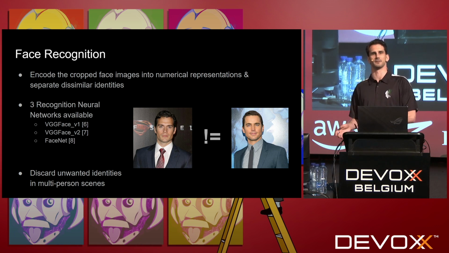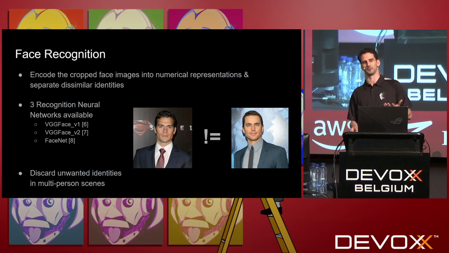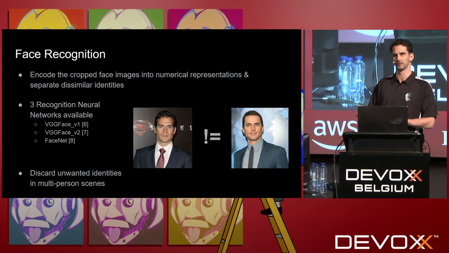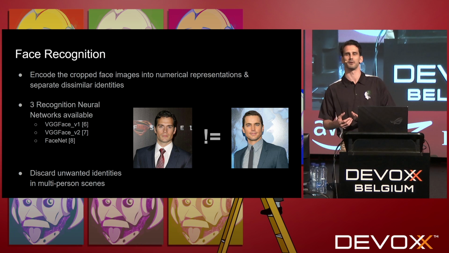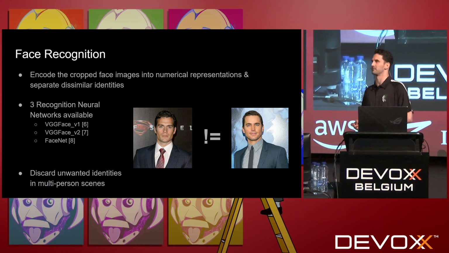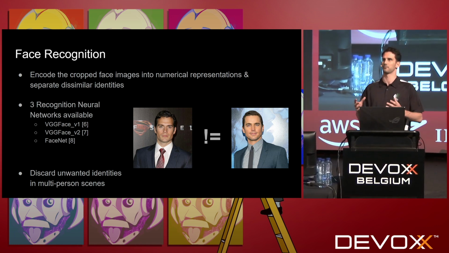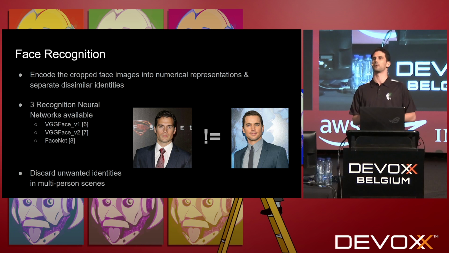So we have to recognize each person's identity and then discard those people that we're not concerned about. This is, once again, a face recognition neural network that will decompose the image of a face into a representation and encoding. The easiest way to think about it is a string of 500, 1,000 numbers that are the principal components, the most important things that describe and reference a face. So perhaps the first number is the color of my eyes.